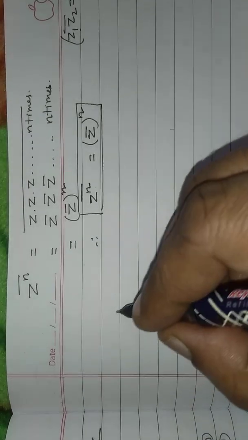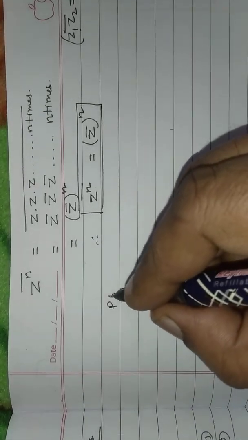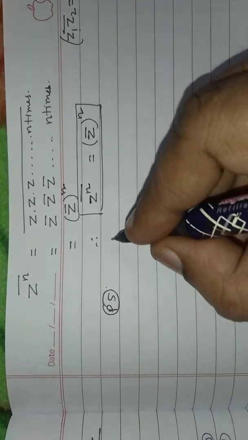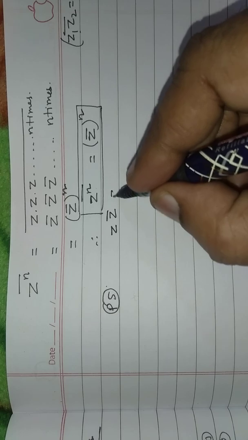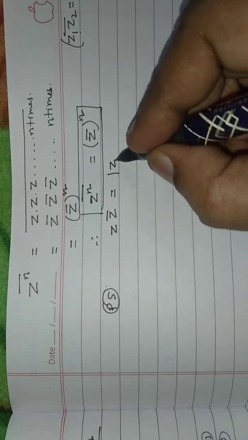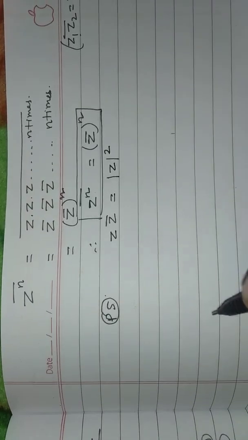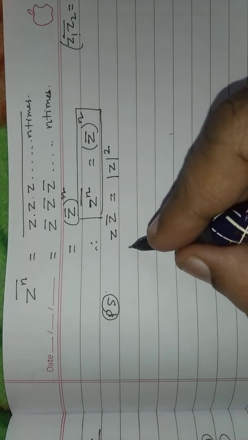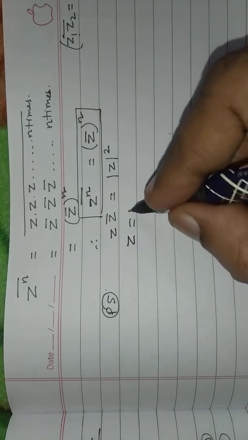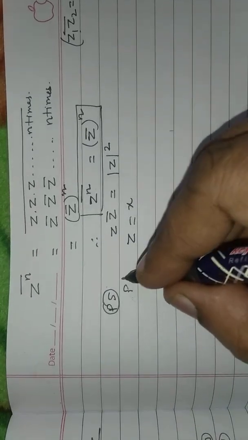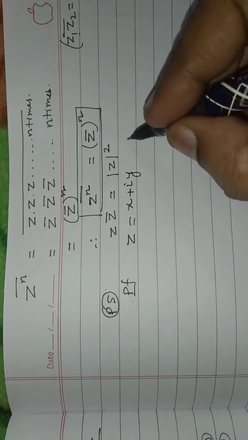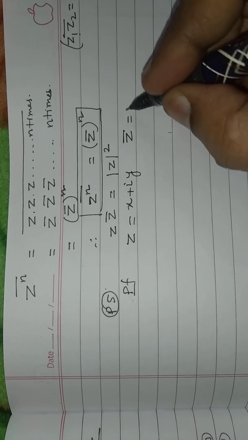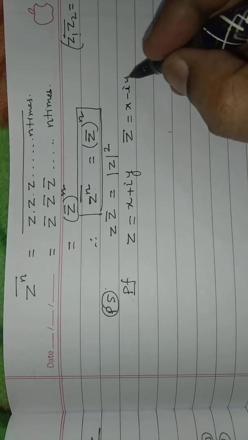And now P5. We have to see that z times z conjugate is equal to modulus of z square. So see, proof: z is equal to x plus iy. Therefore, z conjugate is equal to x minus iy.